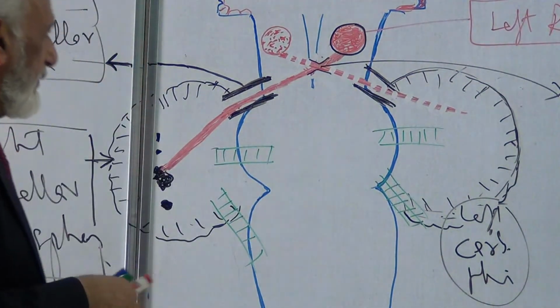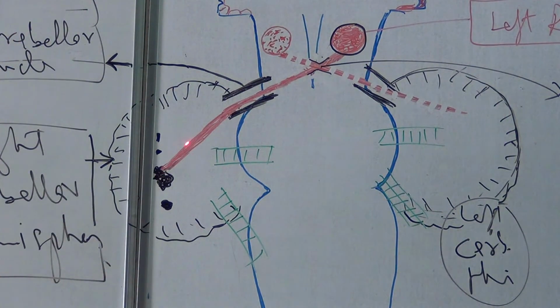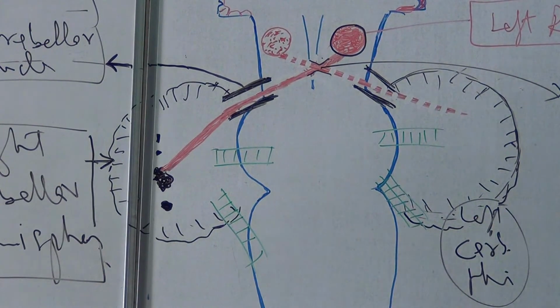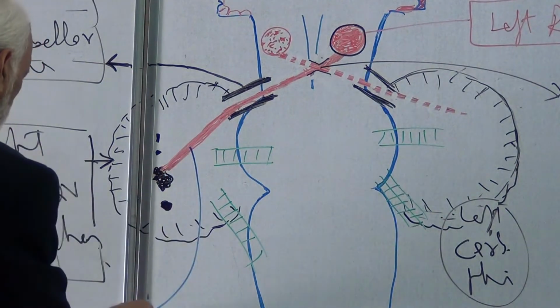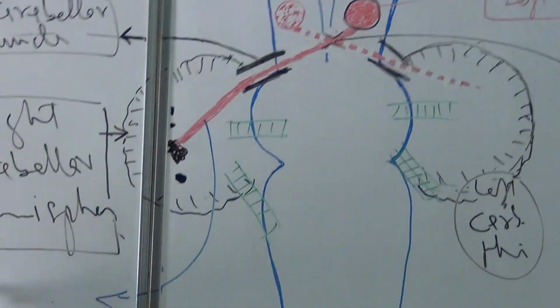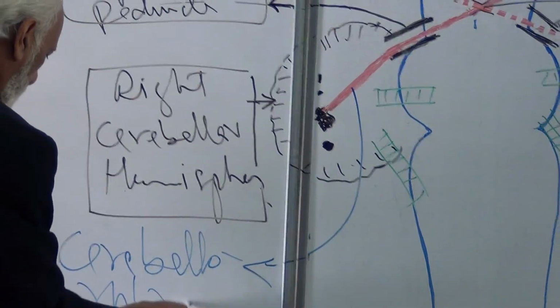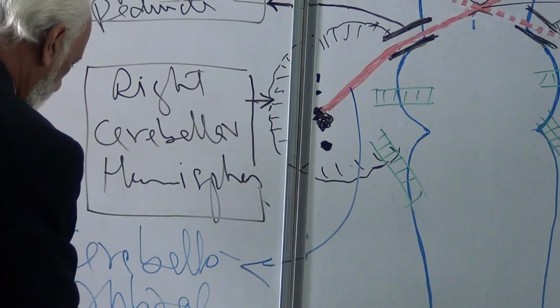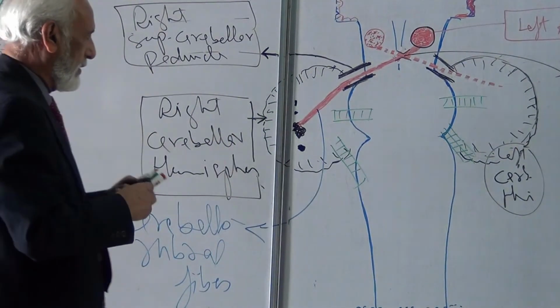Now from the left red nucleus, these fibers of the superior cerebellar peduncle are known as cerebellar fibers, fibers from the cerebellum to the red nucleus, nucleus ruber.